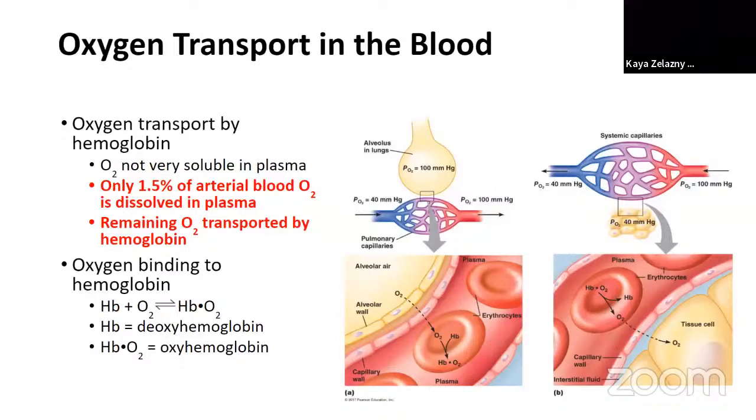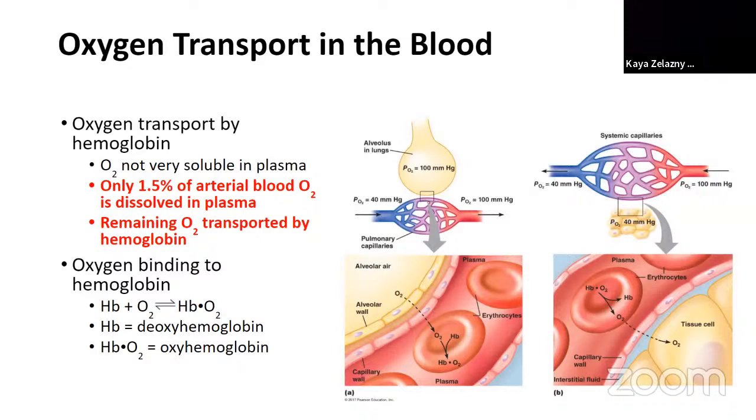So oxygen is not very soluble in plasma. We saw that its solubility was actually much less than carbon dioxide. We talked about that when we talked about partial pressures in air versus in blood. So it's not very soluble in plasma, but we really want to carry oxygen to our tissue. So it's going to hitch a ride on hemoglobin.